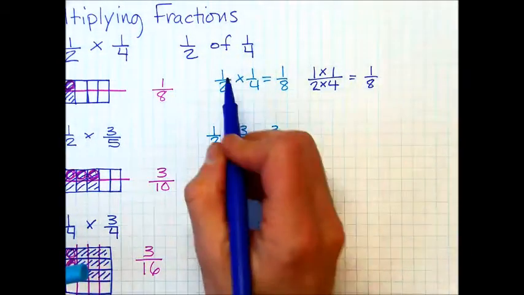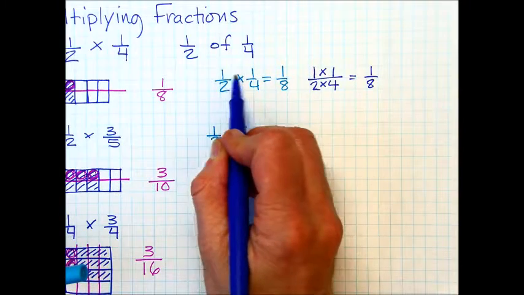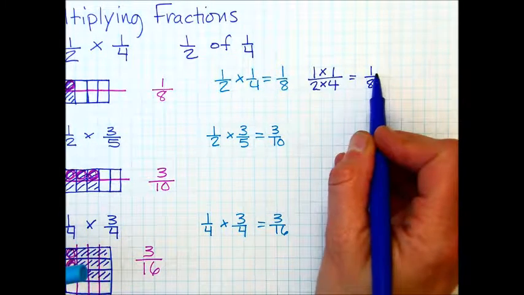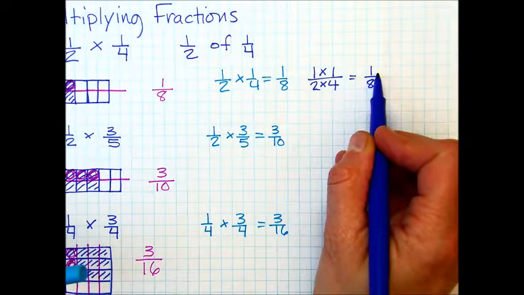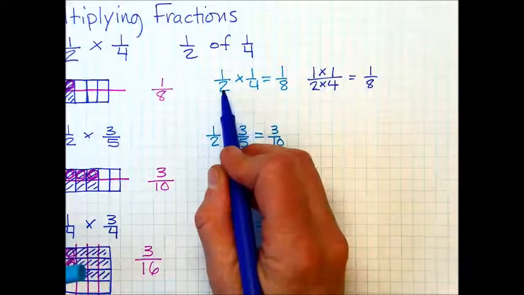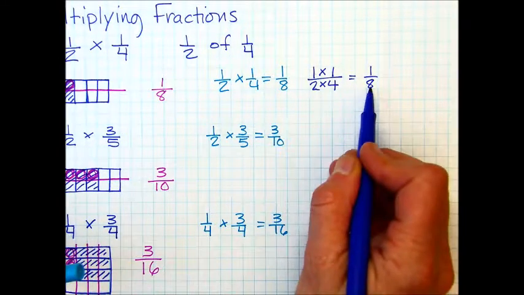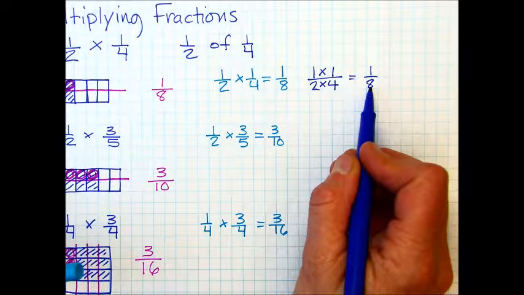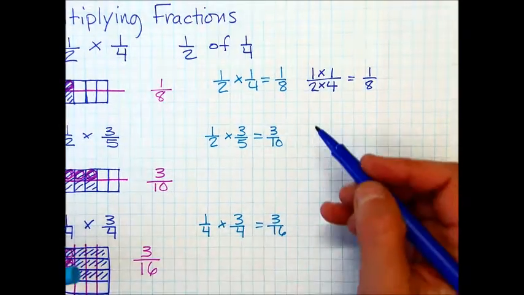Okay, so we're multiplying the numerators together, we get our answer numerator, and when we multiply the denominators together, we get the answer, or the product of that multiplication problem. And that's going to be the same for all of these.